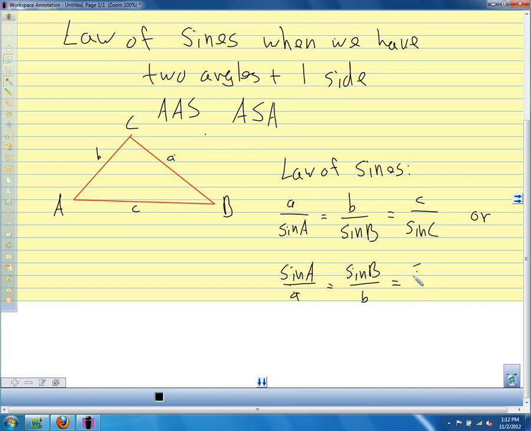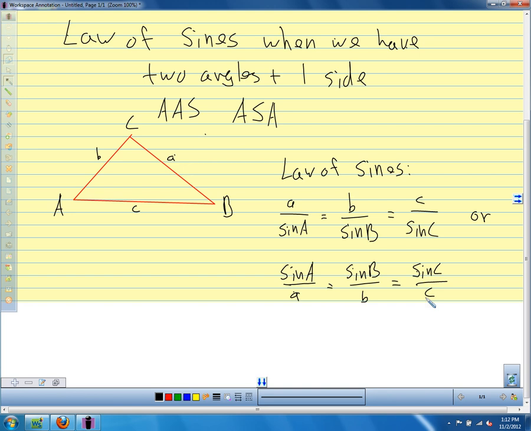It doesn't matter. The reason you would use one over the other is depending on what parts of the triangle you have. If one's easier, it makes it so you have a little less work to do to solve for the part that you're looking for. So that's the law of sines. Pretty easy to remember.